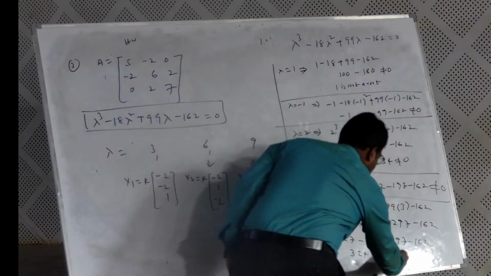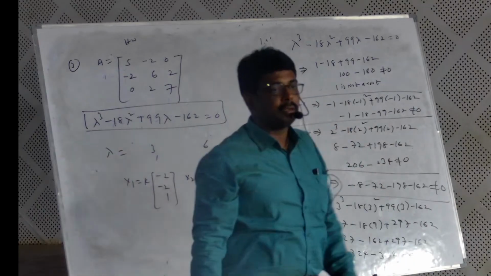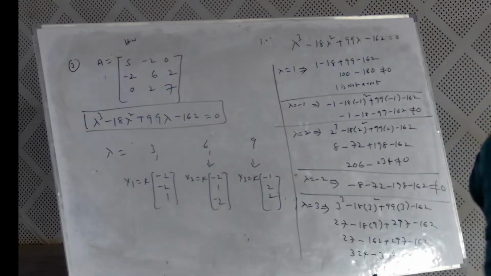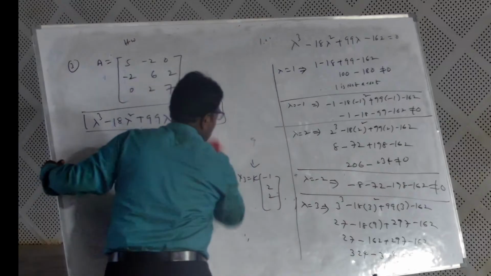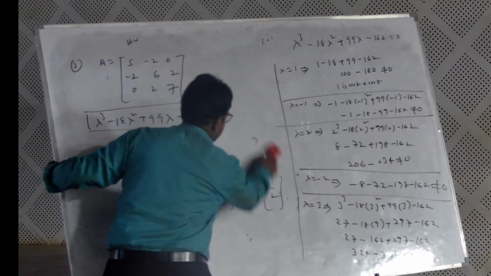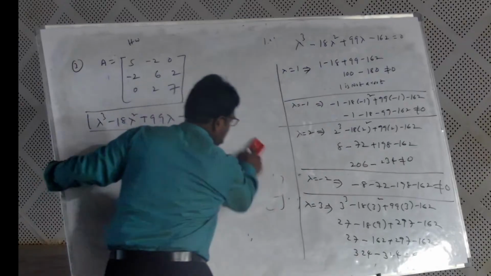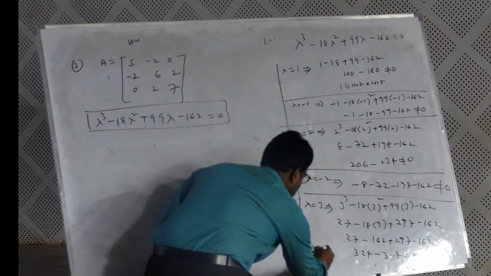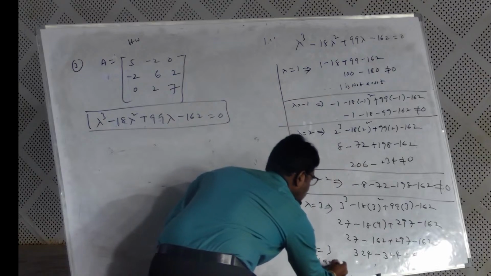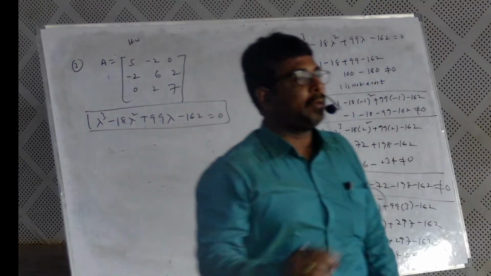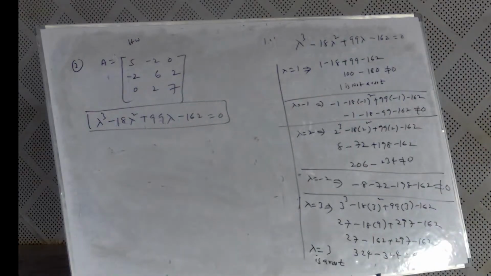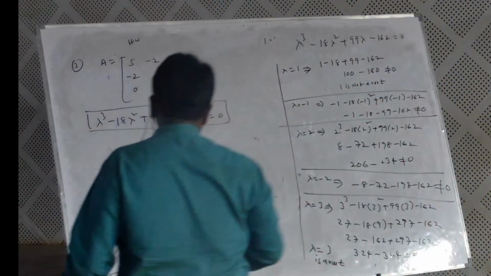Finally what are you getting? 0. Okay, therefore what is the conclusion? Lambda equal to 3 is satisfied. Therefore lambda equal to 3 is one root. Now see.